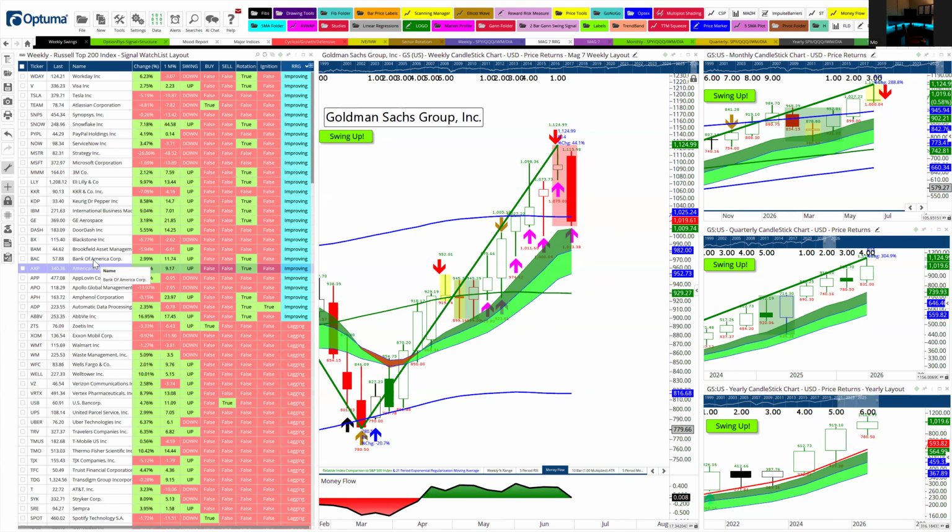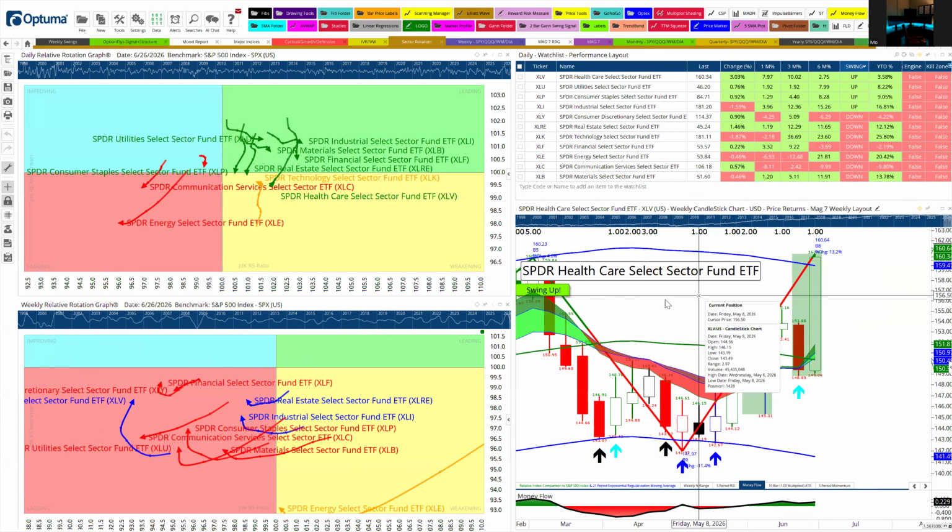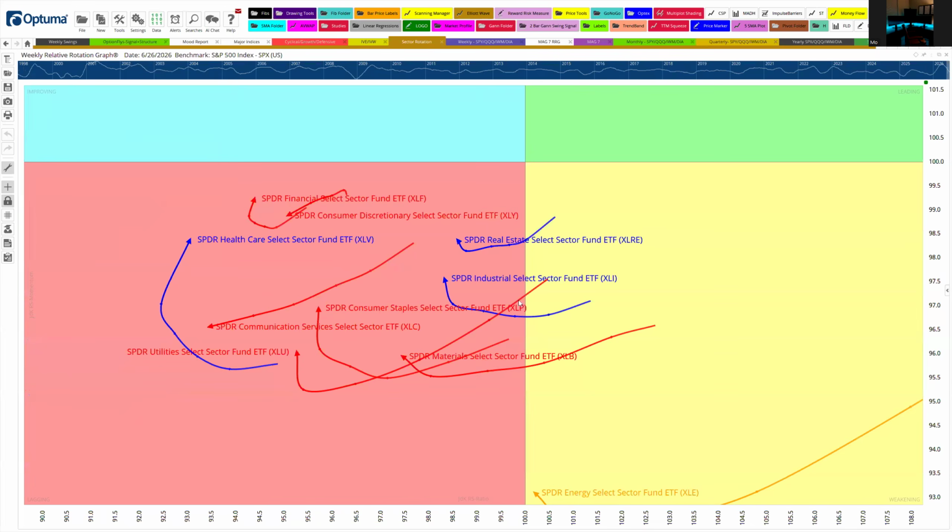So financials have signs, but sector wise, the money can rotate into the sector, which is where I would focus more on healthcare. The energy is way down here.